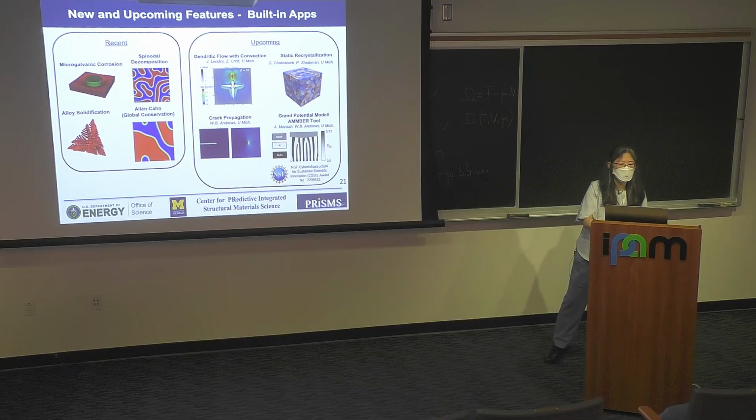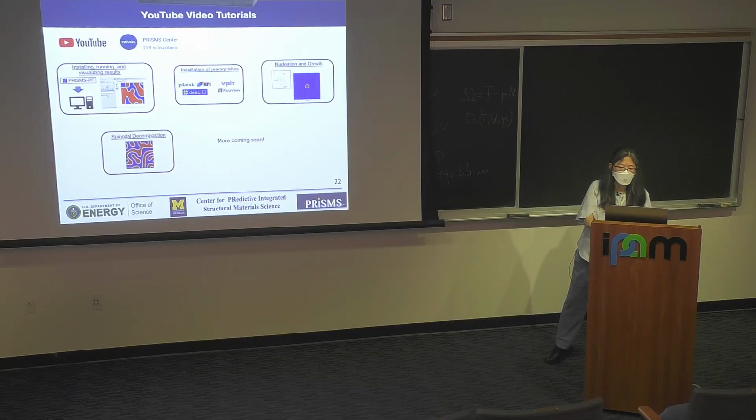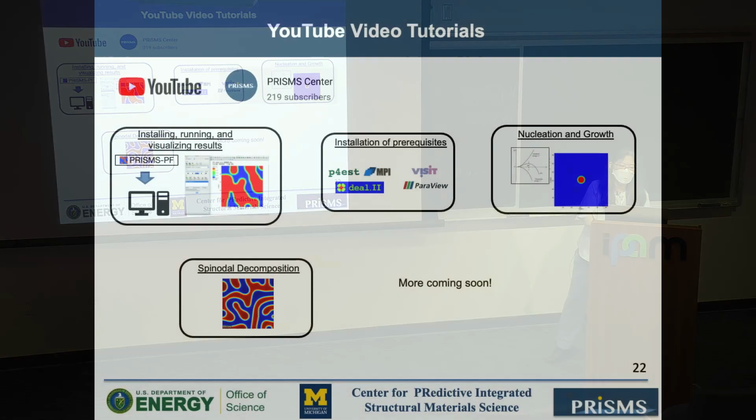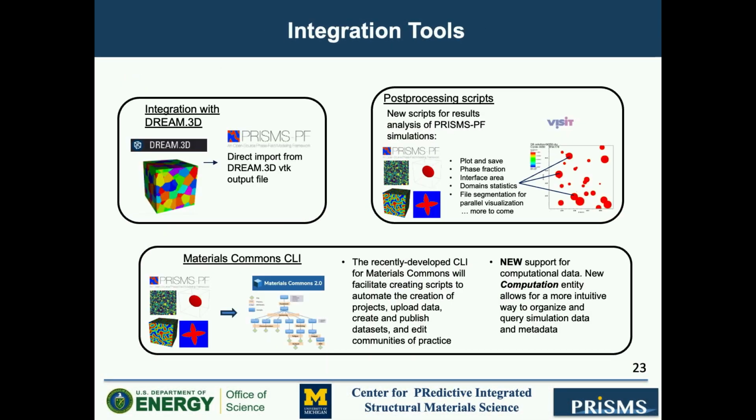Okay, and then new and upcoming features. We have YouTube video tutorials. We have integration tools. If you want to include polycrystalline microstructure, you can create it in Dream 3D and then input it into PRISMS-PF.